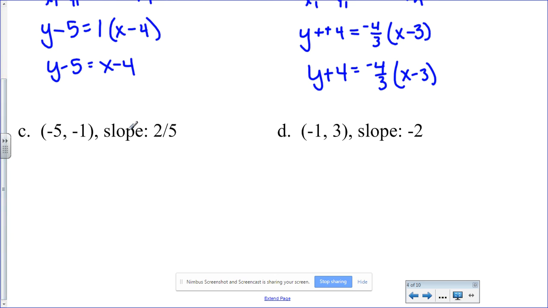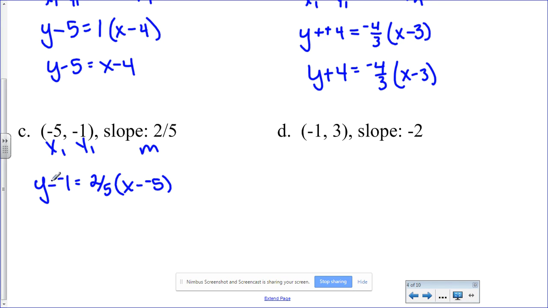Okay, let's look at C. Again, label the information you're given, x1, y1, and m. So I'm going to do y minus y1 equals m, which is 2/5, times x minus x1.